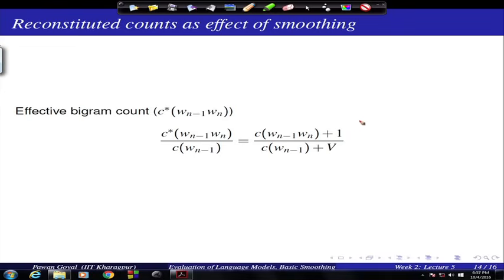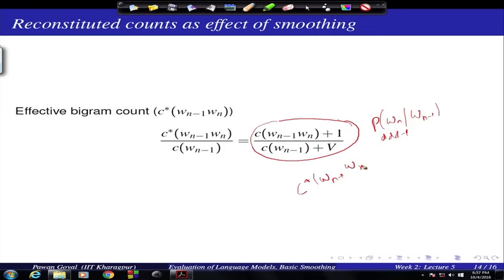Okay. So what I am saying, this is your new probability of Wn given Wn minus 1 as per the add-1 smoothing. So the question here is, what would have been my effective bigram count C star of Wn minus 1 Wn such that if I do the MLE estimate P MLE of Wn given Wn minus 1, I will get the same value as this.